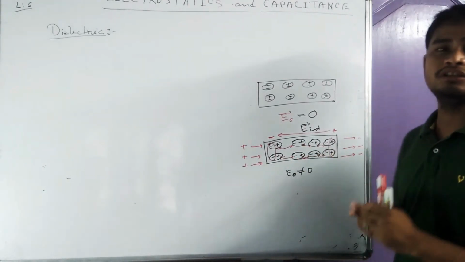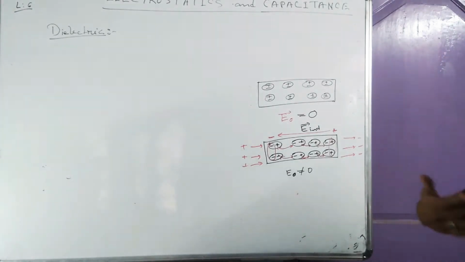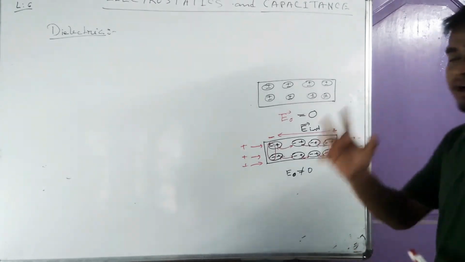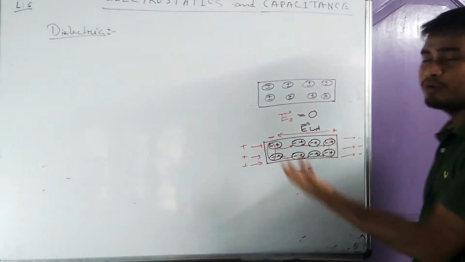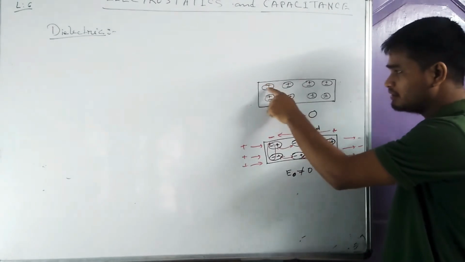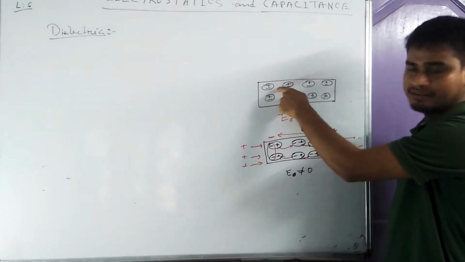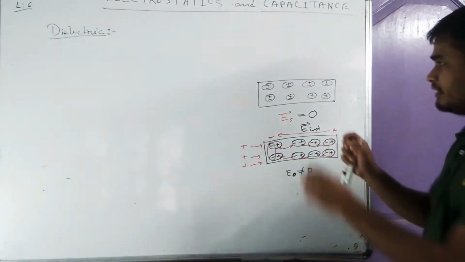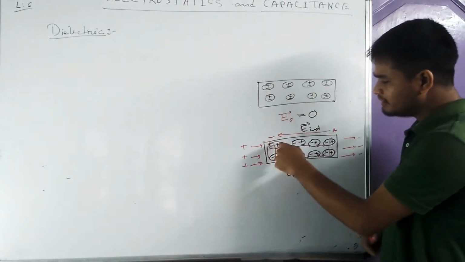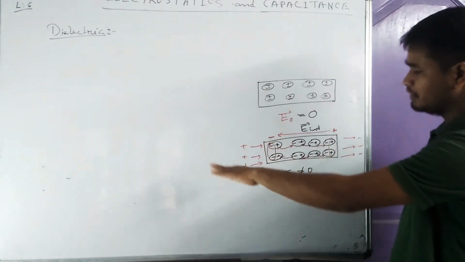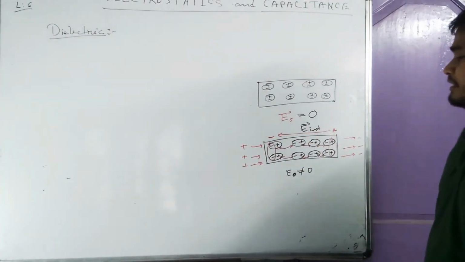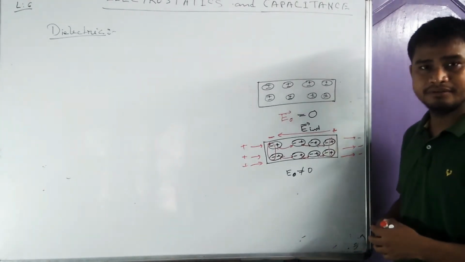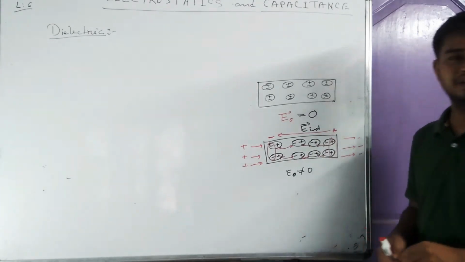But the molecules inside the dielectric can experience the external electric field and they can polarize. They can change their polarity. That is, the plus and minus coincided in the molecule, and after application of the external electric field, they polarize themselves, and minus goes toward the positive charge and plus toward the negative charge. Therefore, they will produce an induced electric field, which is E induced.